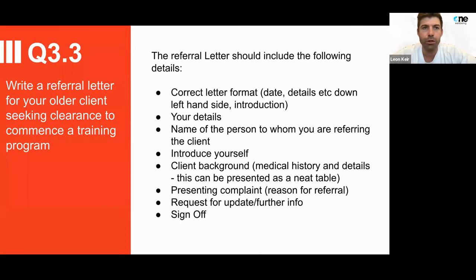You could then jot those down and say, due to all those factors, I need a clearance for John to start training, and without that clearance, you won't be able to train.